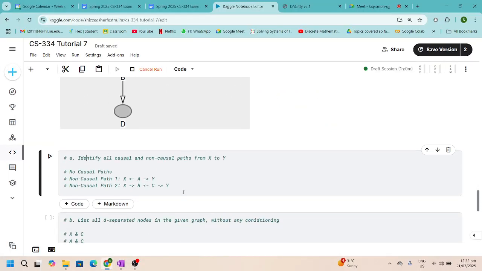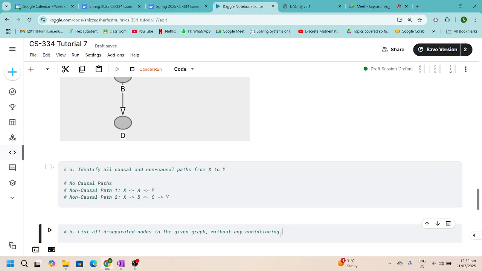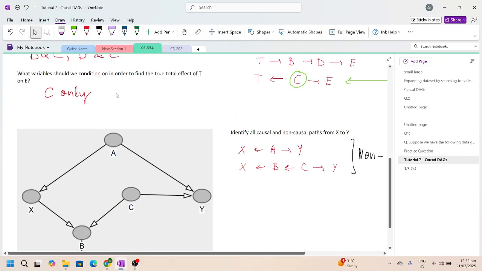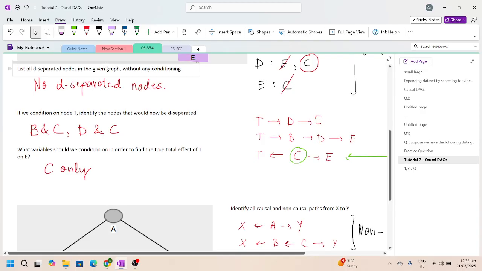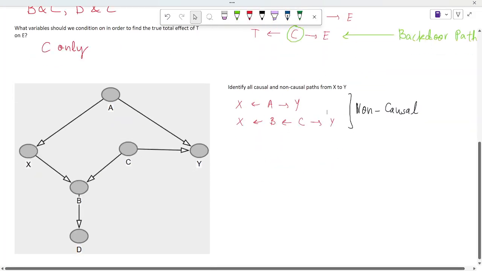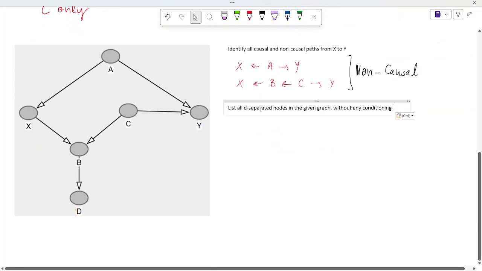So let's see, what are we required to do next? Oh, I can just copy this particular thing because we're doing exactly this. So once again, you have to list all the d-separated nodes in the given graph without any conditioning.